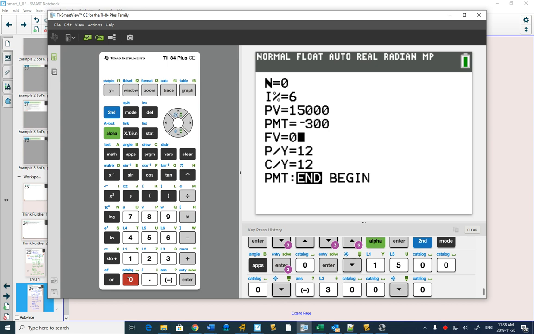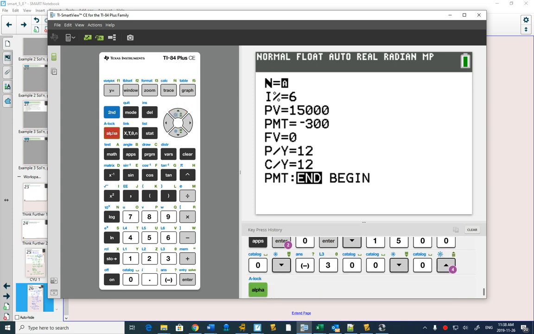Payments are monthly, compounded monthly. We can now go up to n and go alpha solve, and we get that same number, 57.68. You hit the alpha button and then enter, because above the enter button it says solve.